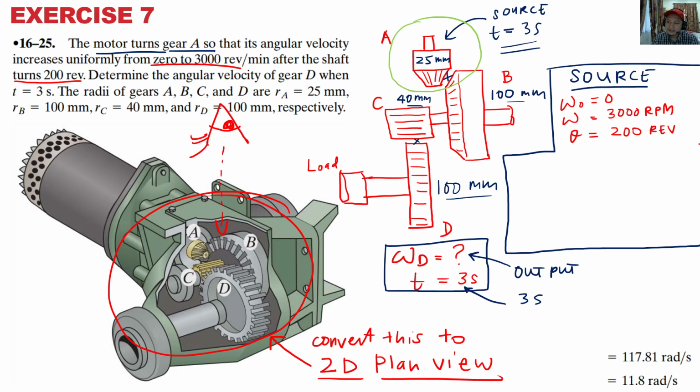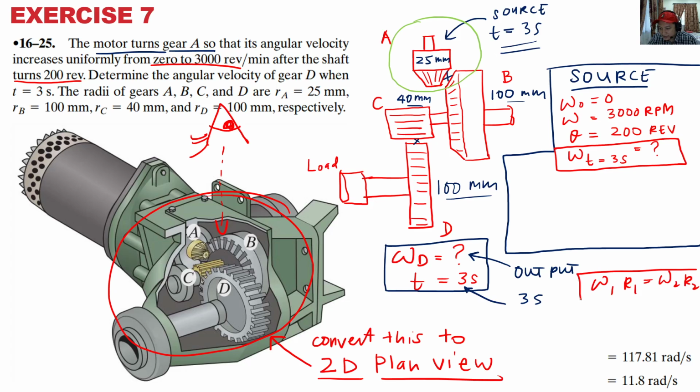What can we find here? But it doesn't say what omega is when time is equal to 3 seconds. It doesn't tell you this. If you can find out what omega is when time is equal to 3 seconds, you can jump using the formula omega 1 R1 equals omega 2 R2.